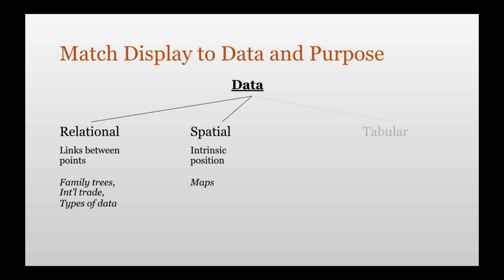Relational concerns different links between points. So you could think of things like family trees, or international trade, looking at bilateral trade relationships. And what I'm showing you right now is relational. We're looking at different hierarchical relationships in this way.